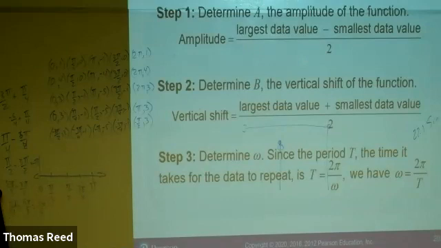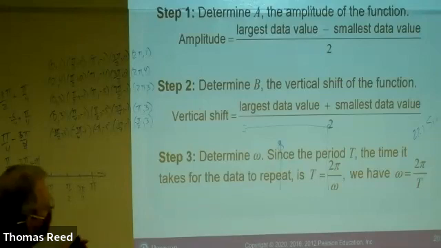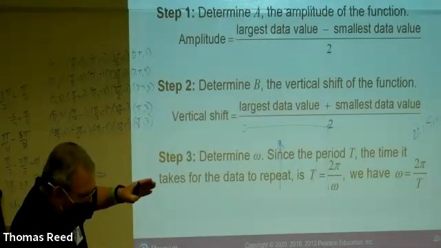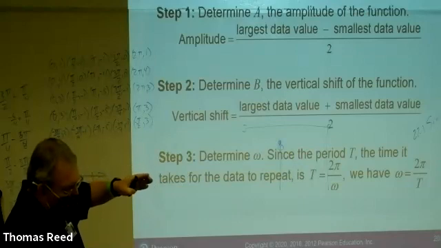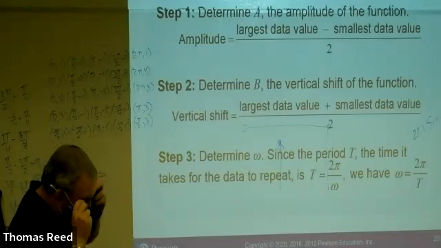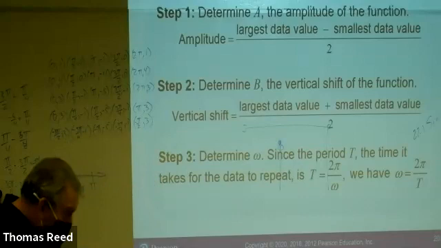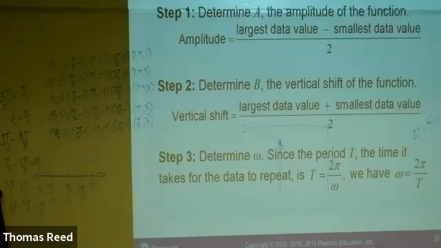So determine A by taking the difference between the smallest and highest data. That difference tells you how far apart those numbers are, and the amplitude is half of that distance. And then please realize that A could be negative or positive.